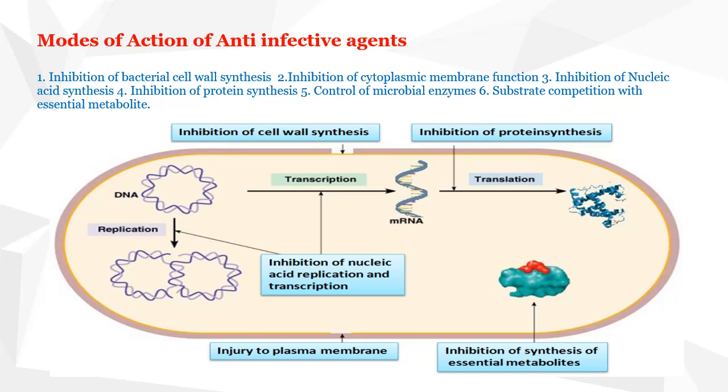Second, inhibition of cytoplasmic membrane function. The cytoplasmic membrane, which is placed below the cell wall, encloses the cell, and functions basically as a very selective permeable membrane, selectively allowing the entry and exit of essential moieties. Now, the bacterial cell membrane is a semi-permeable, triple layered lipoprotein structure which is located between the cytoplasm and the cell wall, and it also acts as an osmotic barrier between the interior and the exterior of the cell.